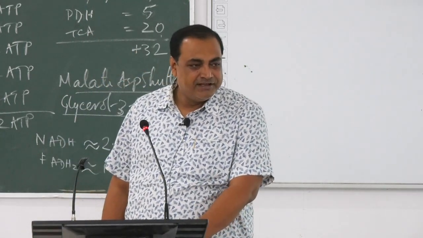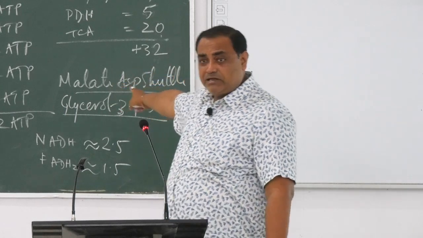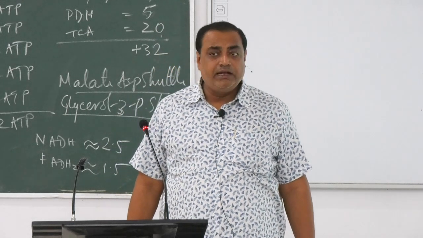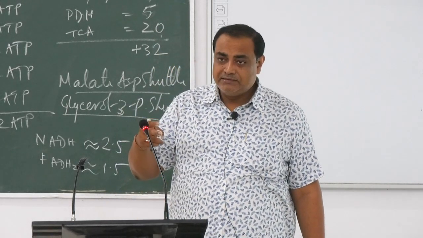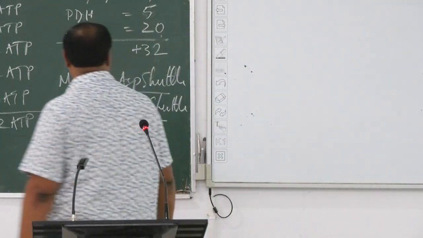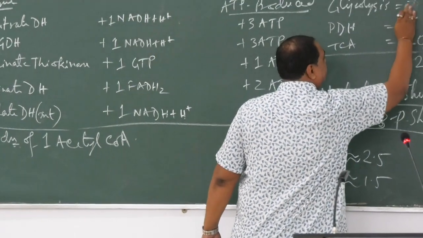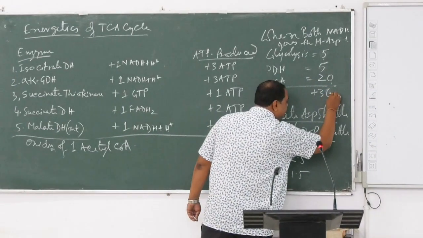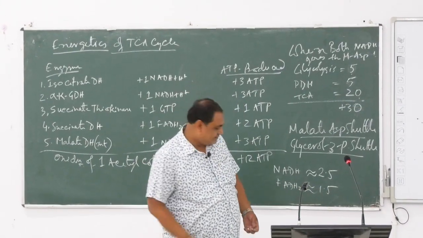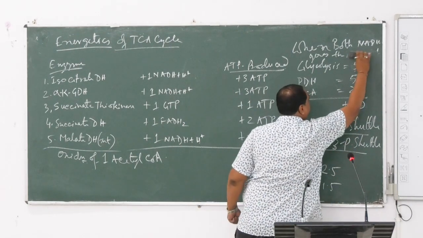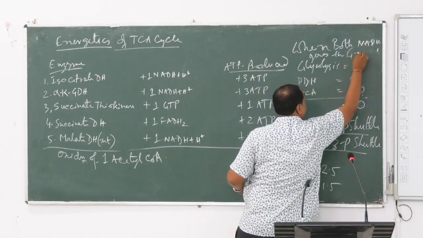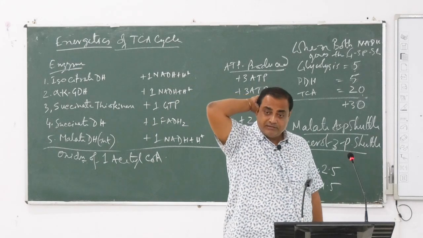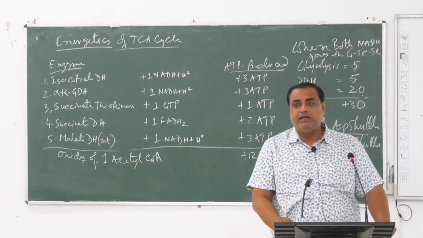Correct? Now, if it goes through the malate aspartate shuttle, then this will happen. If it goes through the glycerol 3-phosphate shuttle, then 2 less. So it will be 30, if it changes to the glycerol 3-phosphate shuttle. Clear? You need to understand this very clearly.